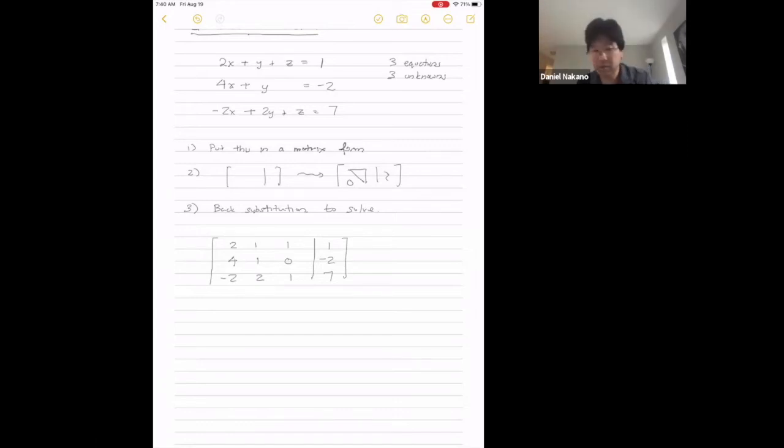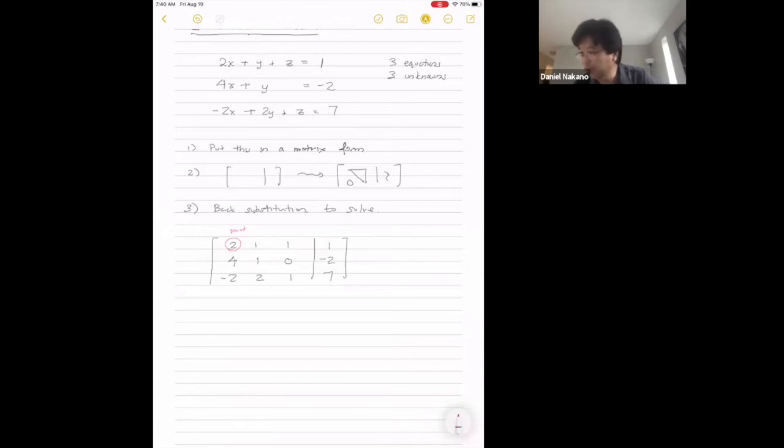Okay, so we'll do this in steps. So let me just circle this. This 2 is called a pivot. I'm going to use it to knock out the 4 and the minus 2.